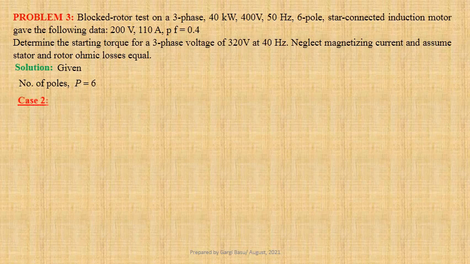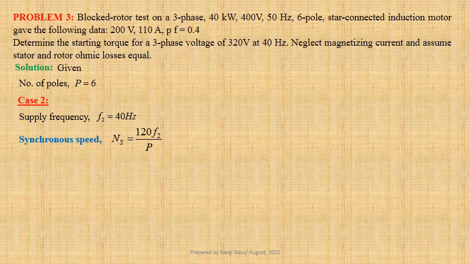During case 2, supply frequency F2 equals 40 Hz. Let us now determine synchronous speed. Ns equals 120 F2 divided by P. Using values we get 120 into 40 divided by 6. That gives us 800 revolutions per minute.